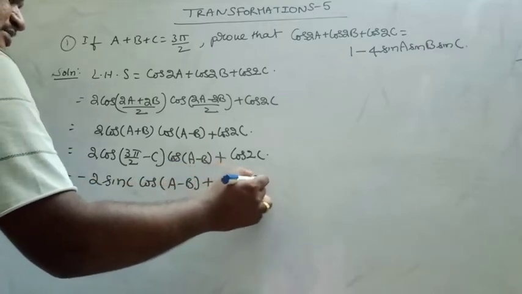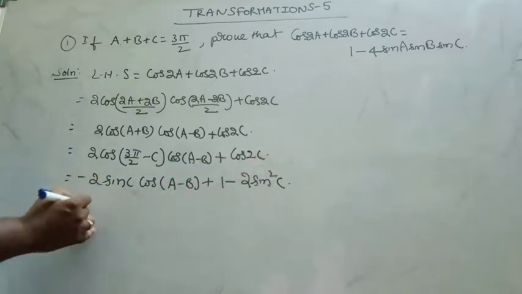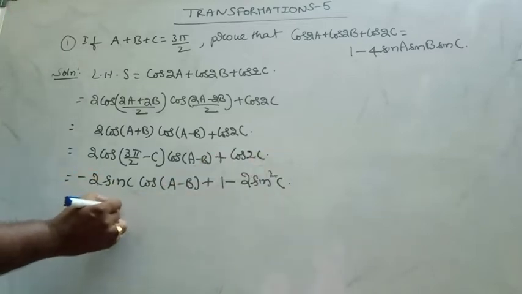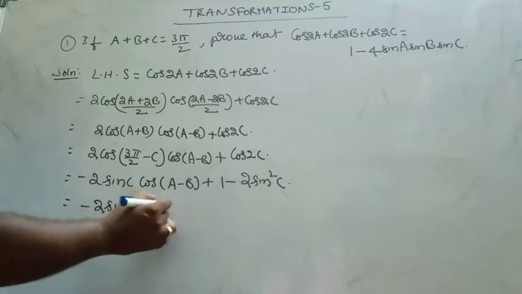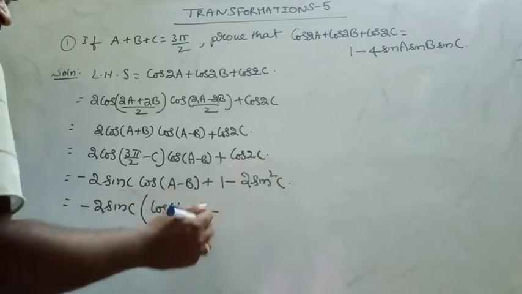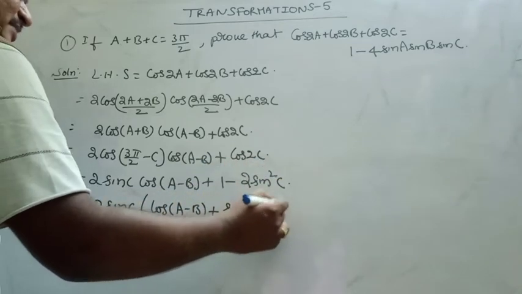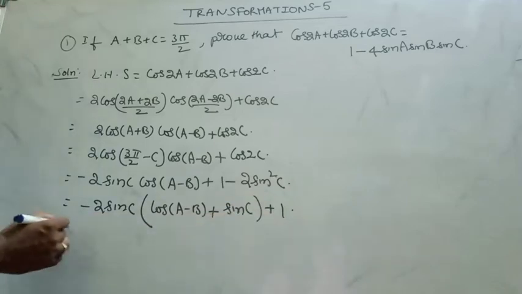Now see my dear students, we will take minus 2 sin c common. If you take common, what you will be getting is cos (a minus b) minus 2 sin c, we have taken common, then we will get sin c, plus 1 will be here, like this, right?